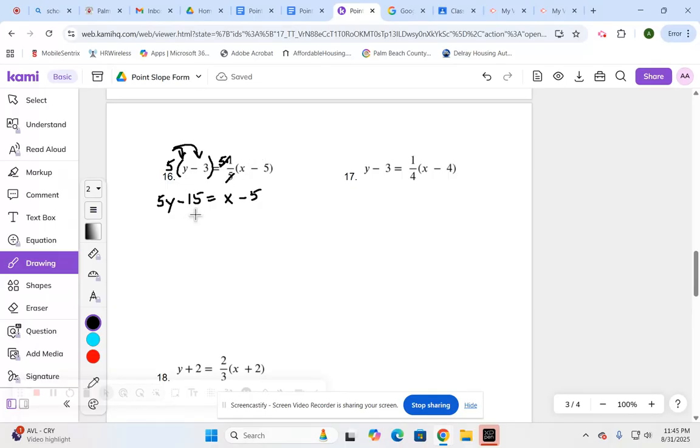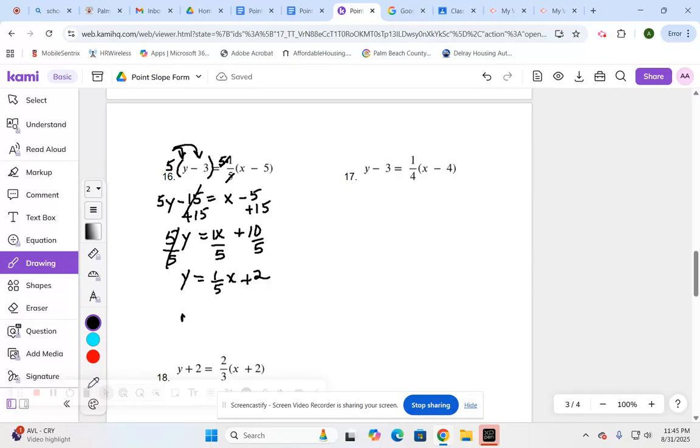Okay, so we can now add 15 to both sides. 5y equals x plus 10. We'll divide through by 5. And we'll have y equals, we can put a 1 over here, 1/5 x plus 2.